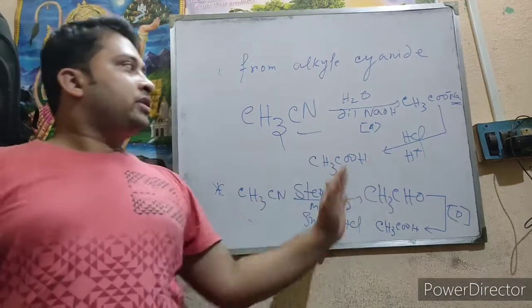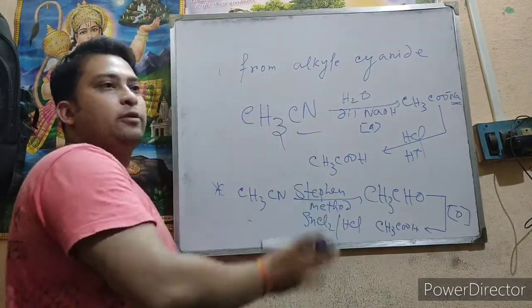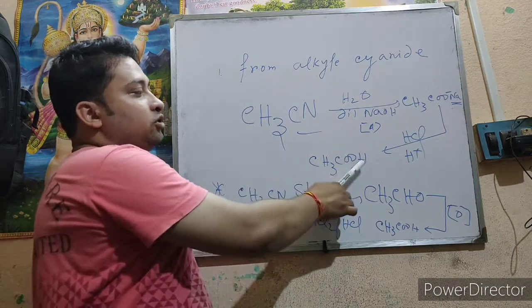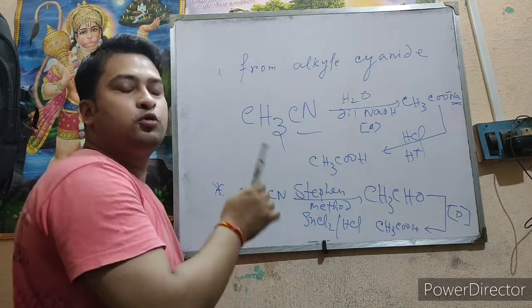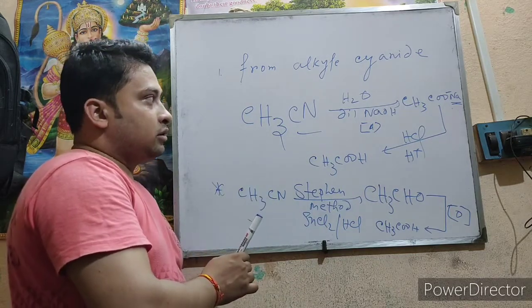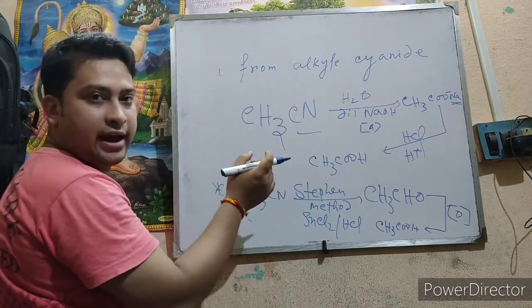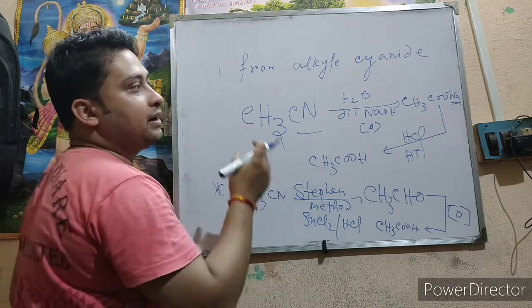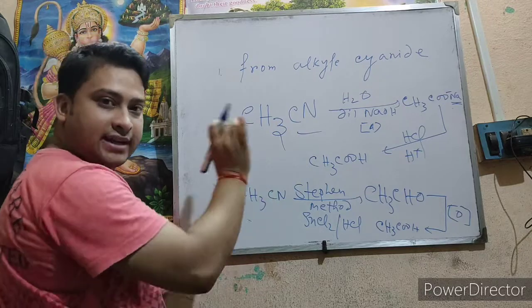So you have two ways. You can apply any way from where you get the acid. That way should be appropriate. So you have a cyanide group, you use dilute NaOH and H2O, you get the COONa, and after you get that, you use H plus for acidification.